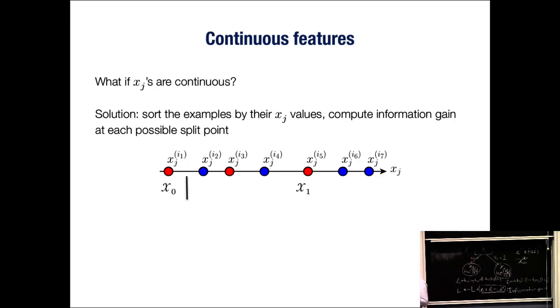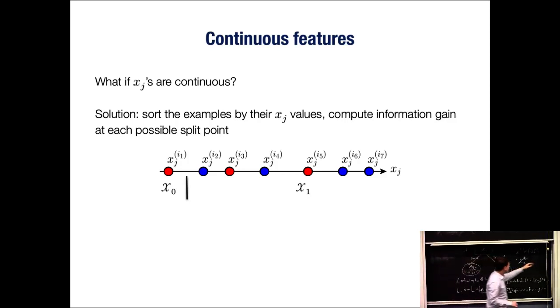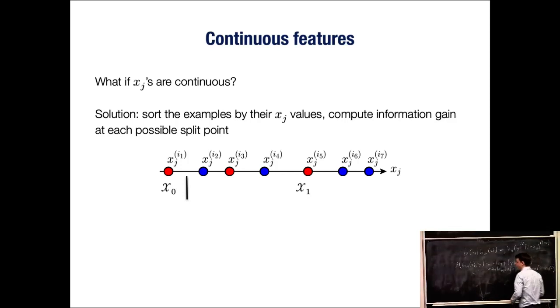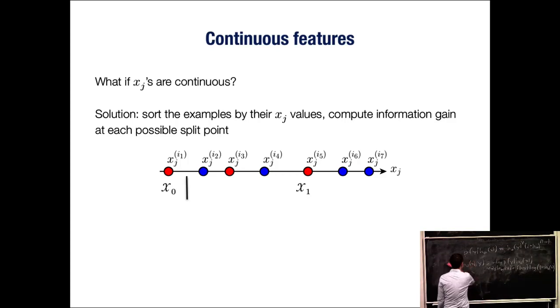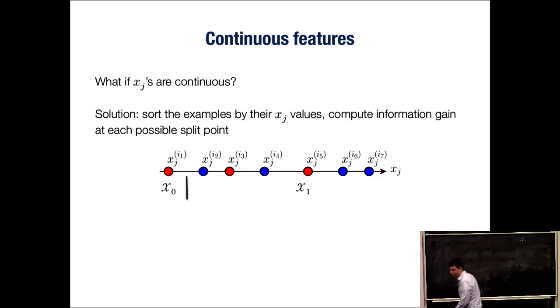But if it's actually continuous, things are a little bit trickier. But fortunately, they're not that tricky. If xj is continuous, what we want to do is pick some threshold where everything that is lower than that threshold for xj we put in one bucket, and everything greater we put in another bucket.